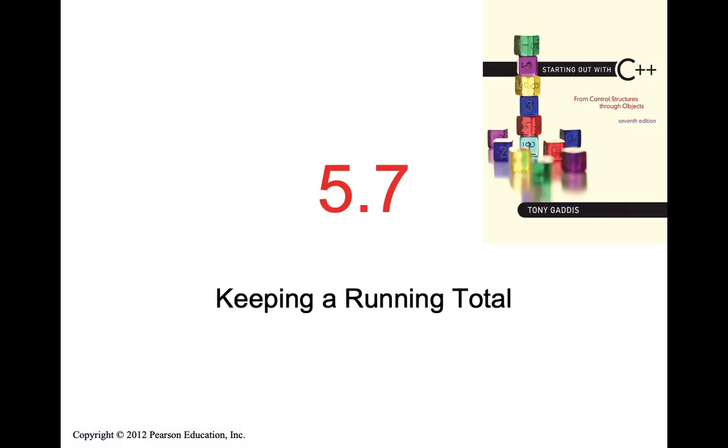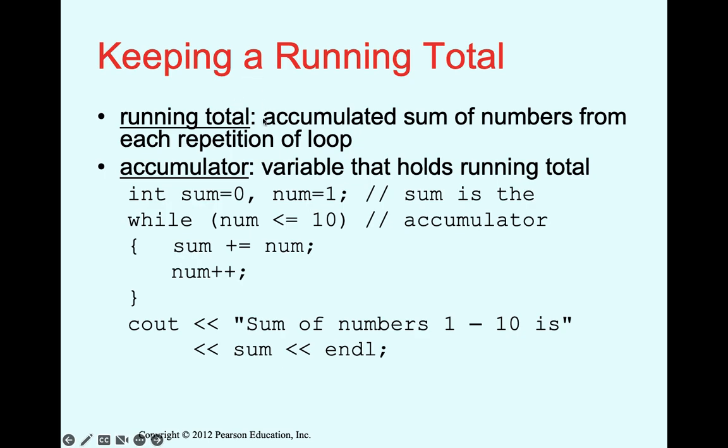So keeping a running total: in some programs we use a running total, which means we need to sum many numbers. For example, here I want to sum the numbers from 1 to 10. You define sum equal to 0. You define num equal to 1. And while num is less than or equal to 10, you do sum equals sum plus num.